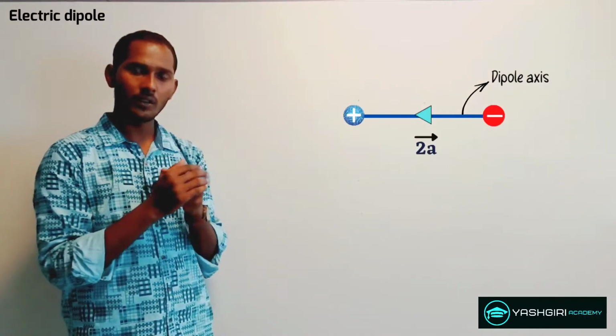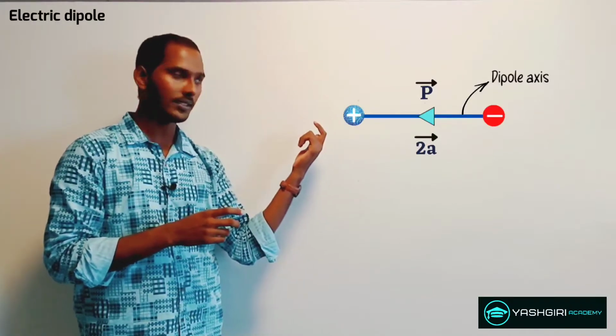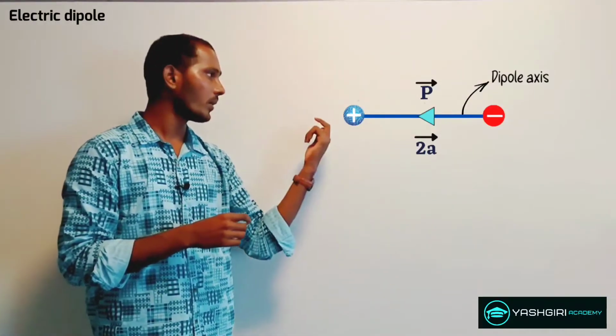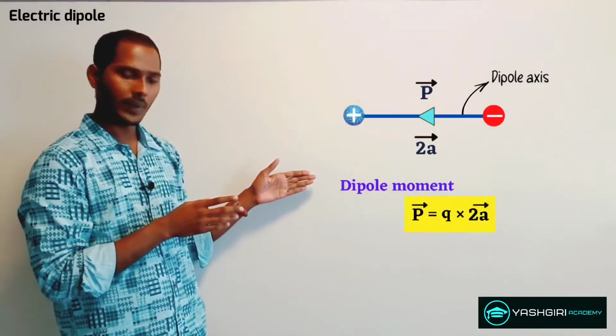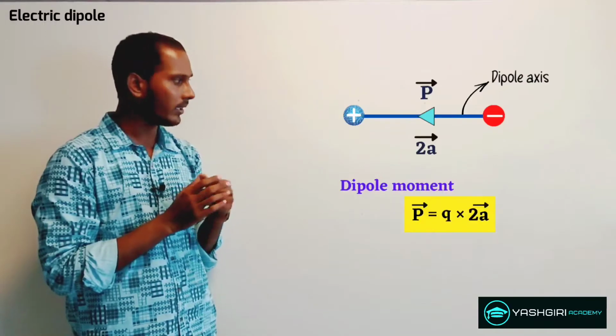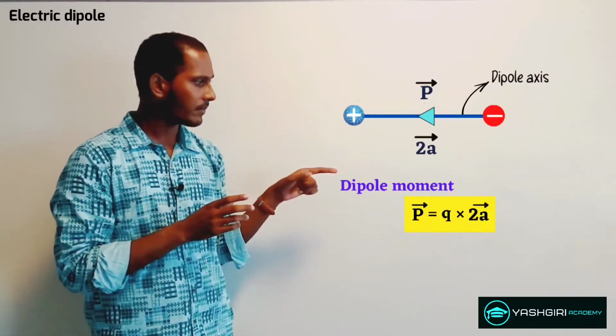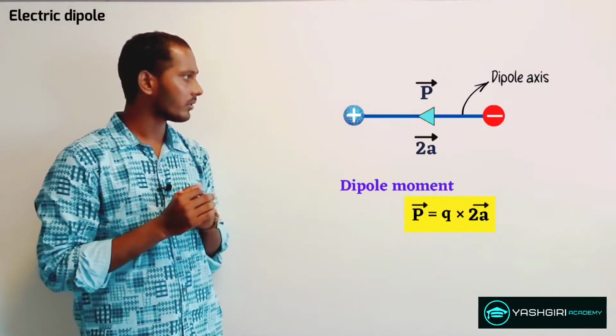And the direction of this dipole moment is along the dipole axis, that is from the negative charge towards the positive charge. The relation will look something like this: vector P, the symbol I am using for the dipole moment, is equal to Q times the vector 2a, which is the distance of separation.